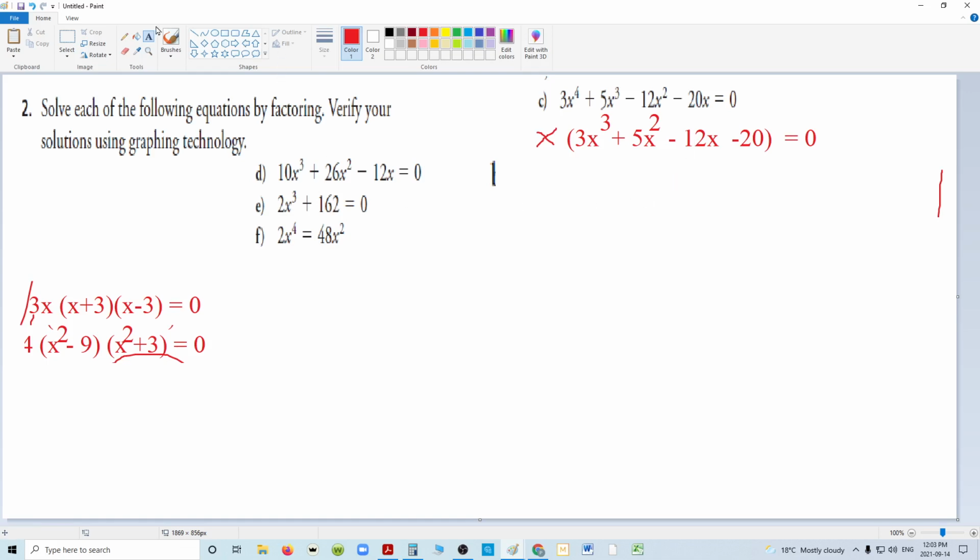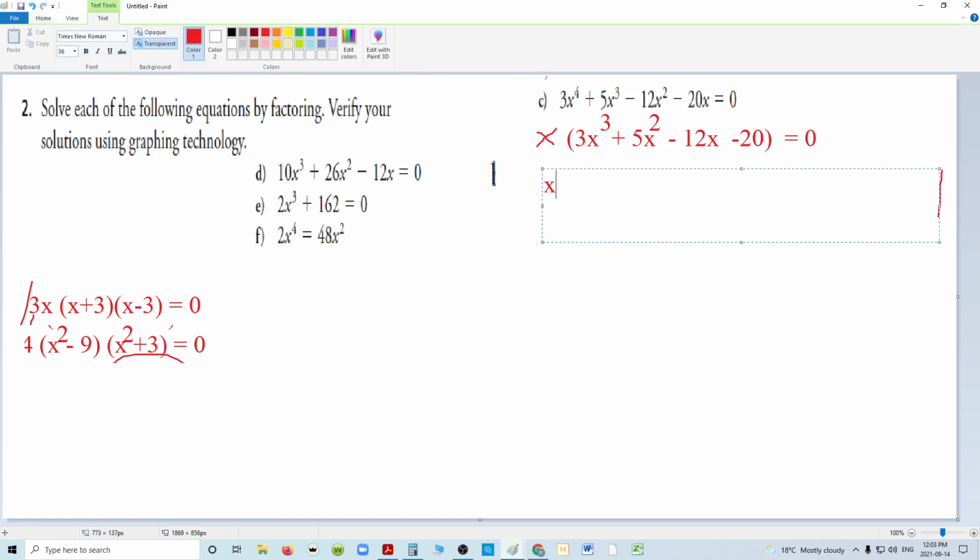Let's try taking, so on the first one, I can take x squared out of both of them, and I'm left with 3x plus 5, right? And the second one, I can take minus 4 out of both of them, and I'm left with 3x plus 5, which means for the second one, I successfully grouped by factoring instead of doing synthetic division.